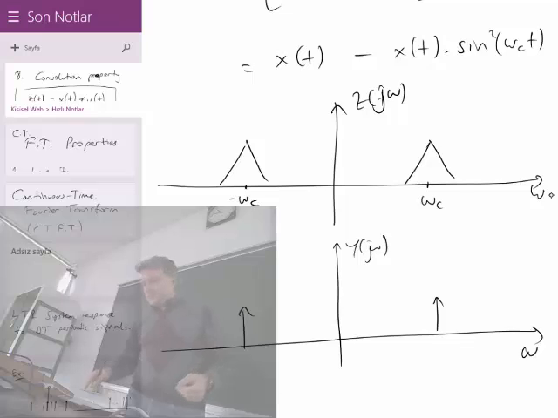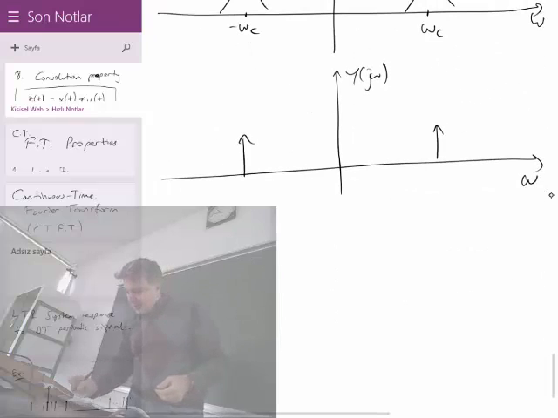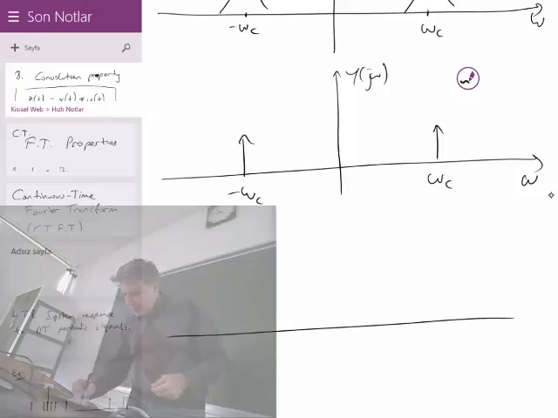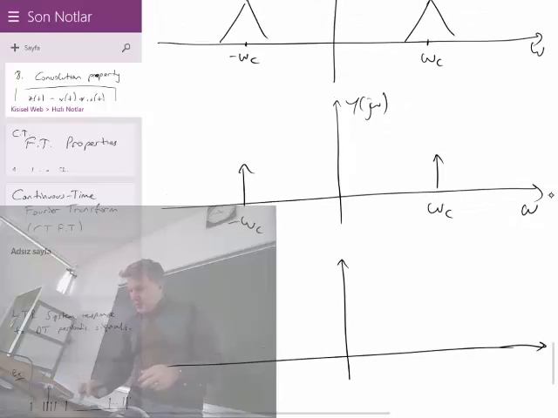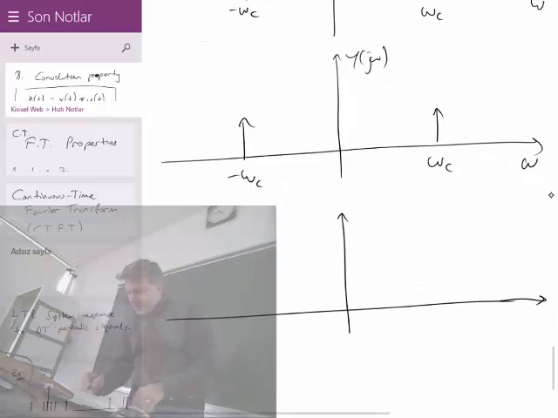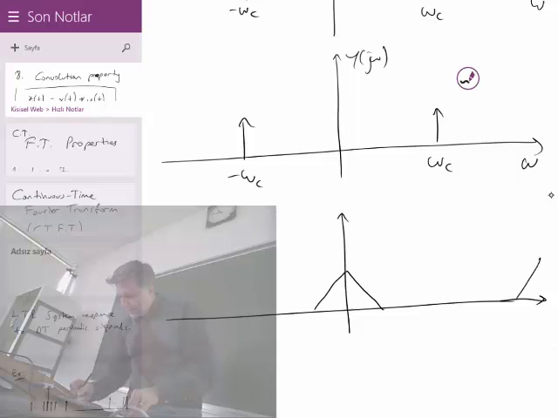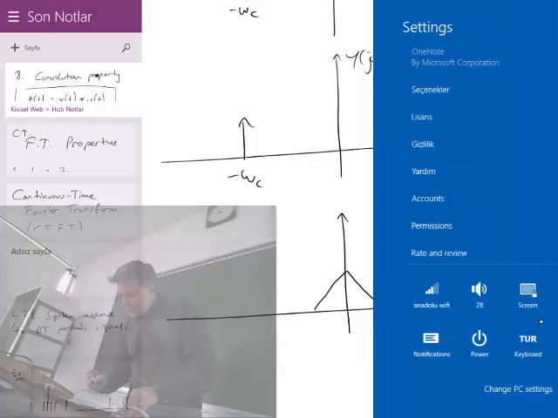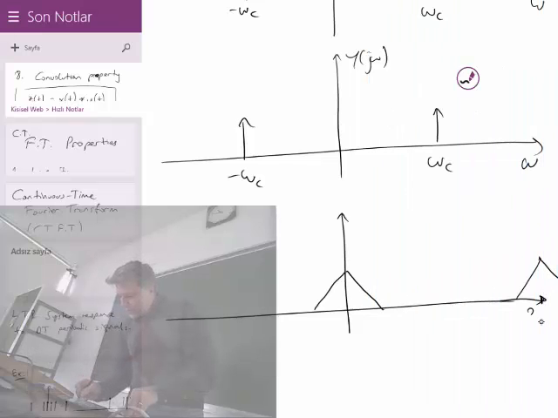That's what I'm going to do. So if I shift the top shapes to the right by omega c, I will get this triangle and the triangle at 2 omega c.